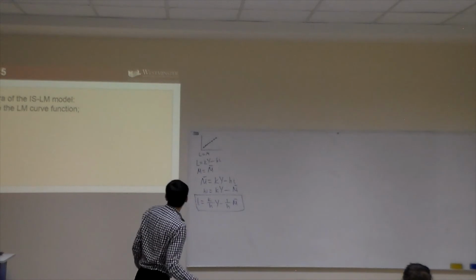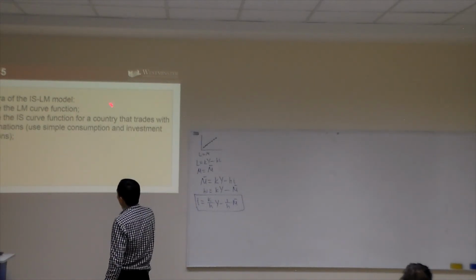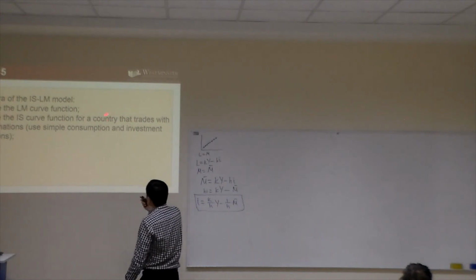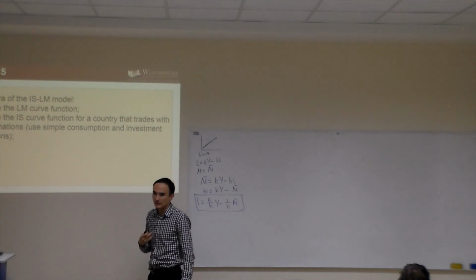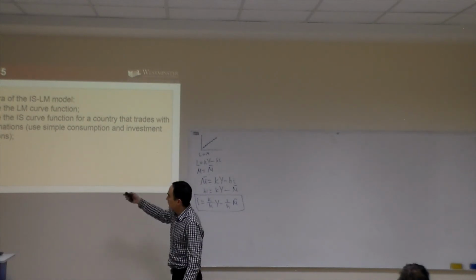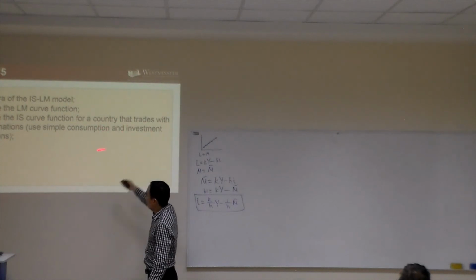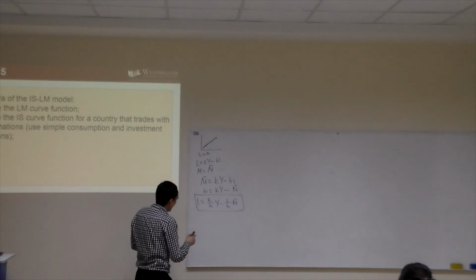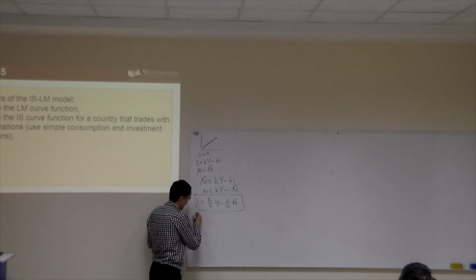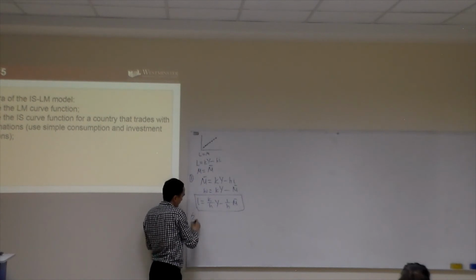Derive the IS curve function for an economy that trades with other nations, an open economy. Okay. And now use simple consumption and investment functions. So this is number 1, number 2.